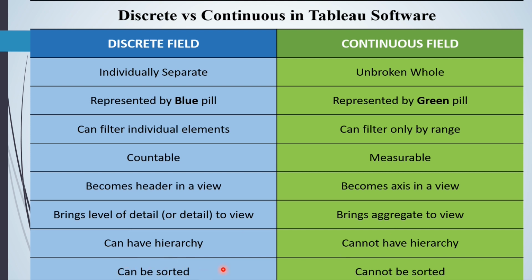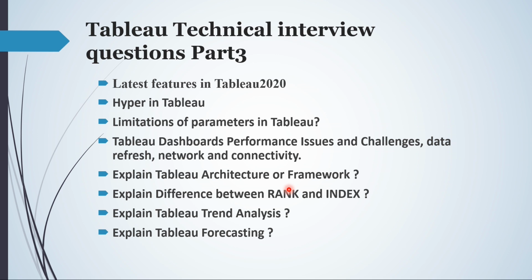Discrete fields can be sorted, but continuous fields cannot be sorted. This is a very important concept and a very important interview question which is asked repeatedly in Tableau interviews. So that is for part 2.